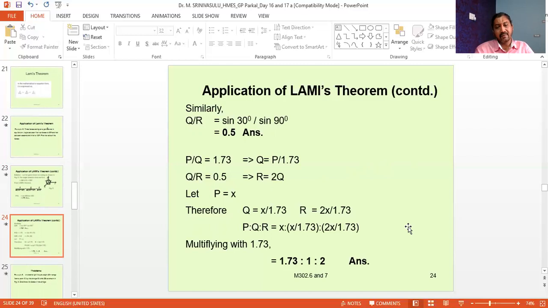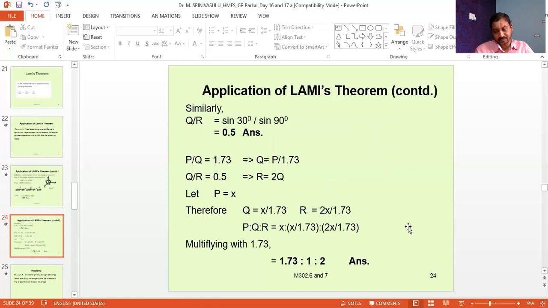Now let P be equal to X. Then Q becomes X by 1.73, and R is equal to 2Q, so R becomes 2 into X by 1.73.